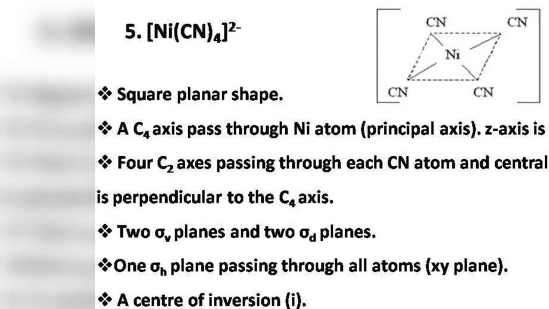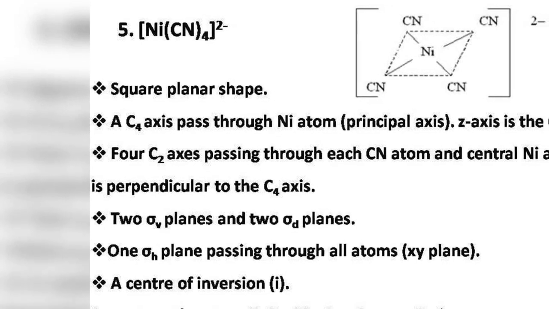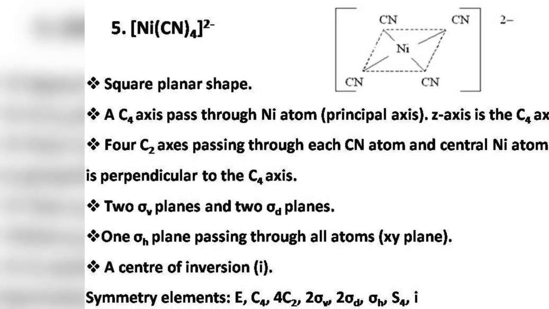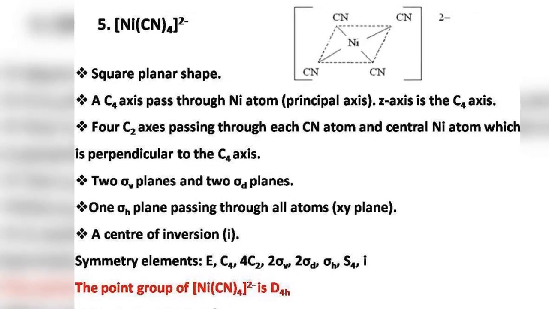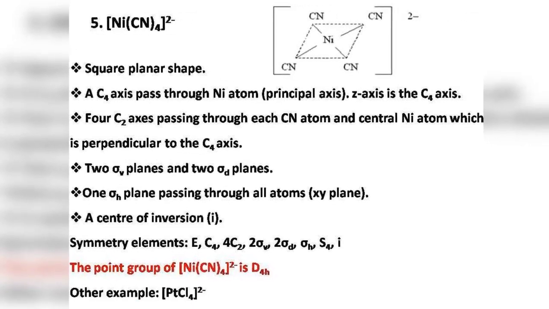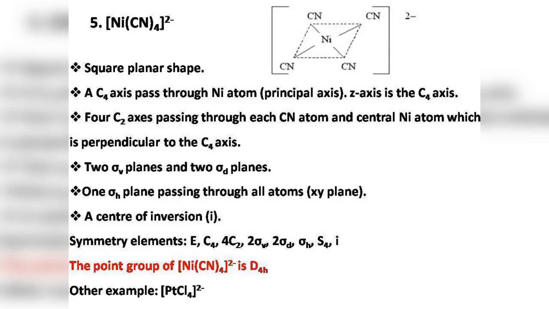[Ni(CN)4]2-. It is square planar in shape. A C4 axis passing through the nickel atom, that is the principal axis. The z axis is the C4 axis. 4 C2 axes passing through each CN and the central nickel atom, which are perpendicular to the C4 axis. 2 σv planes and 2 σd planes.